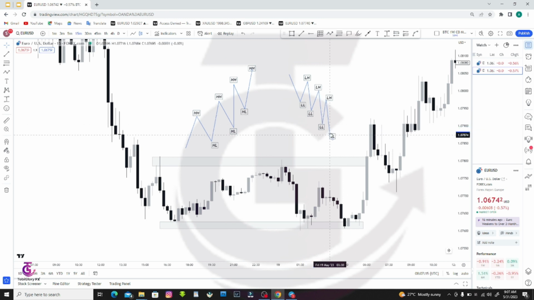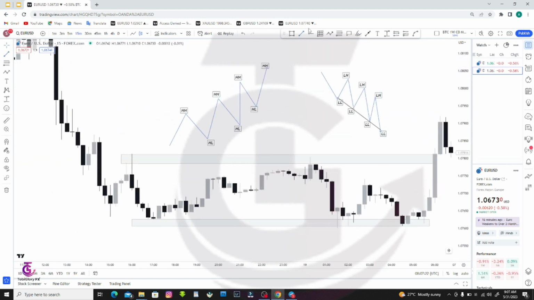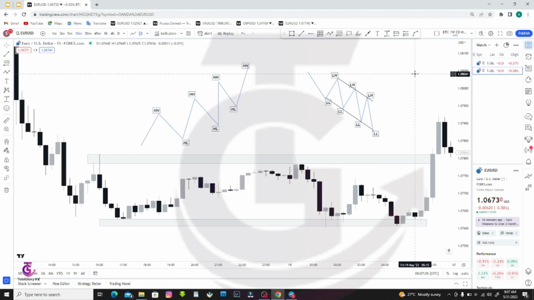As you can see, this is trading to the downside of the market. It is trending downside, which indicates a bearish trend. Bears are in the market. Now, looking at this, we have lower high, lower low, lower high, lower low, lower high, lower low.